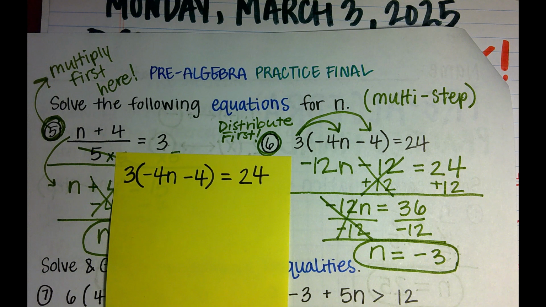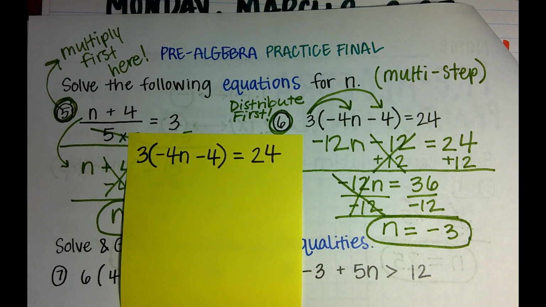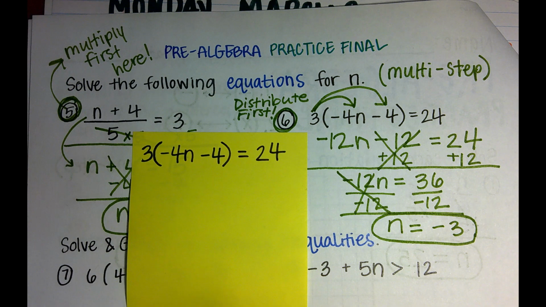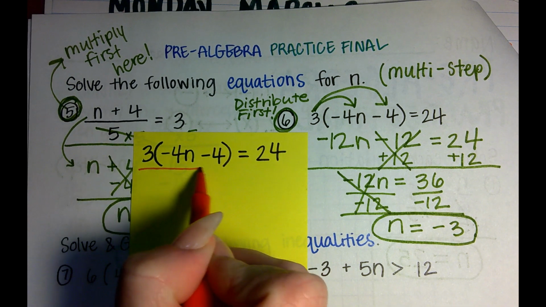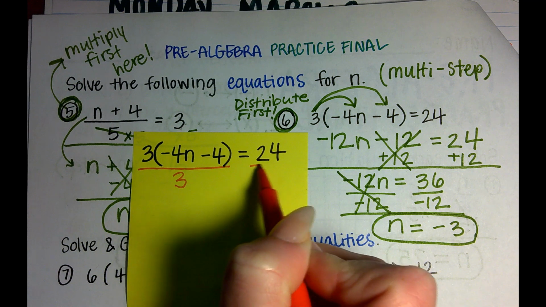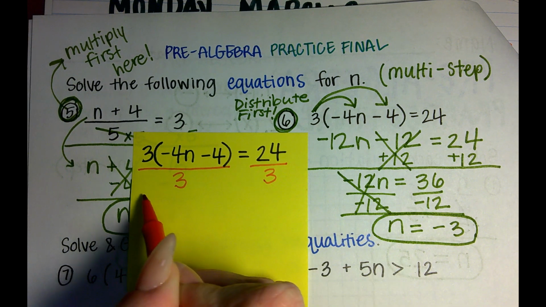Okay, so what if I don't want to distribute? What could I do instead as my first step? You're gonna divide. I could divide by 3 to get rid of it. So let's divide by 3.